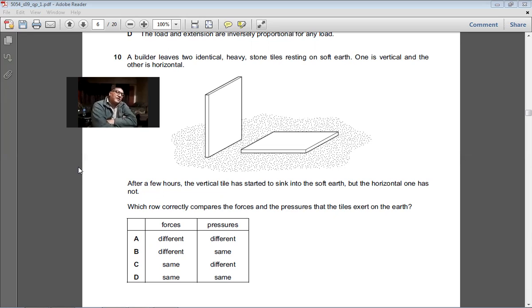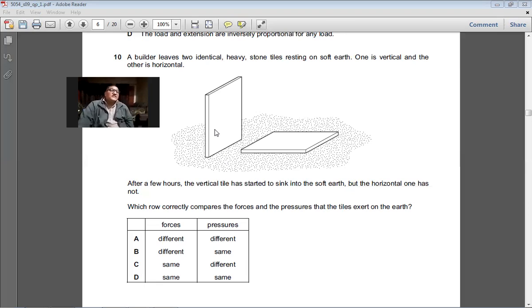And the pressure exerted by each tile is different. The reason is that their contact area with the ground is different. For example, in this tile, the contact area is very large, so for the same weight it will have less pressure. Here, the contact area with the ground is very small, so its pressure will be larger.